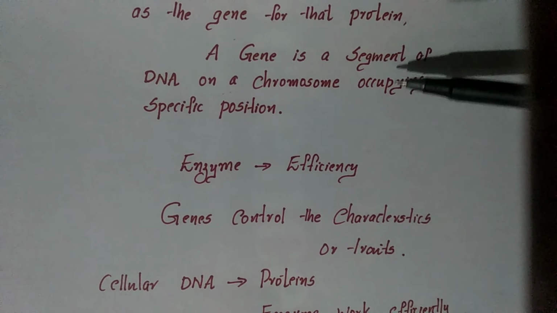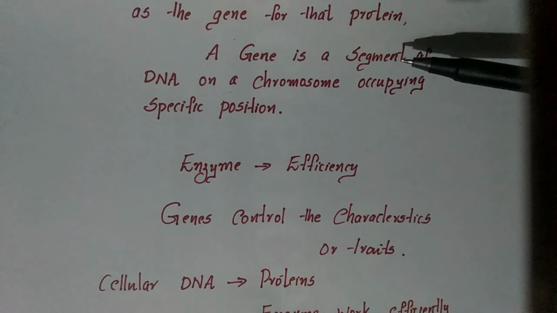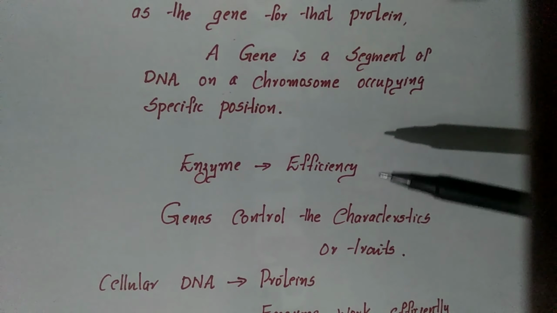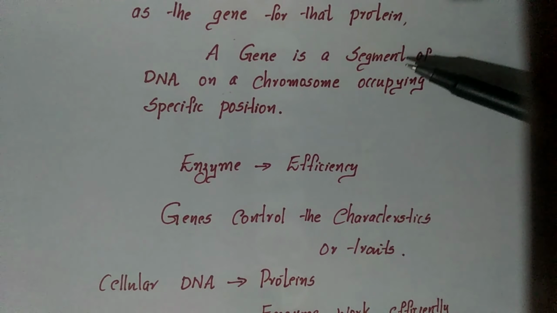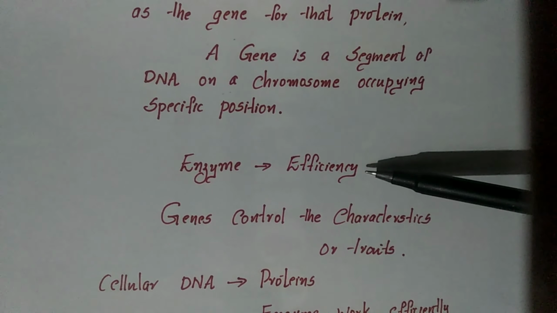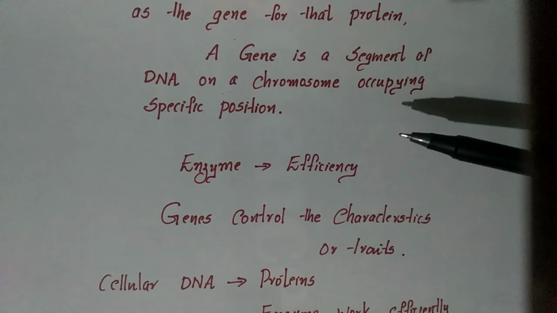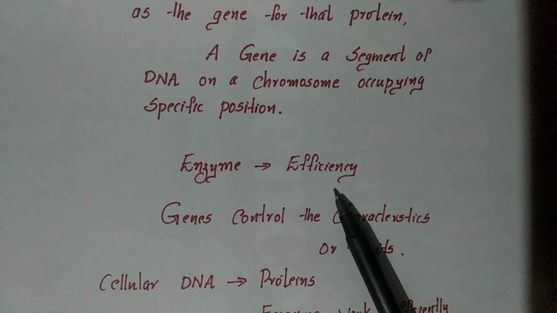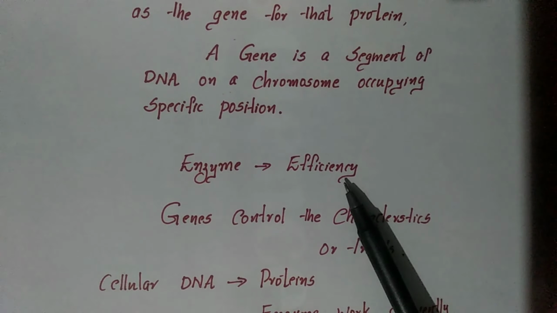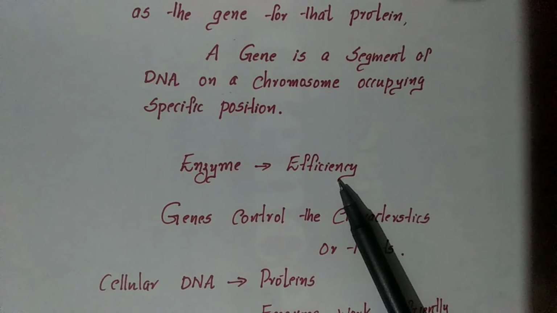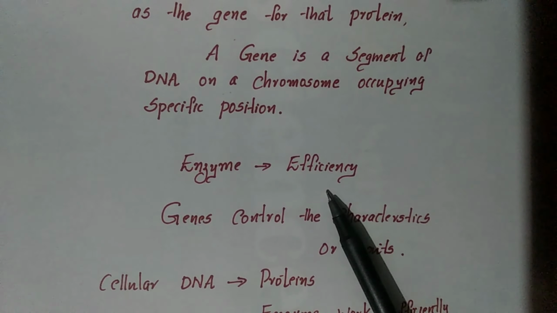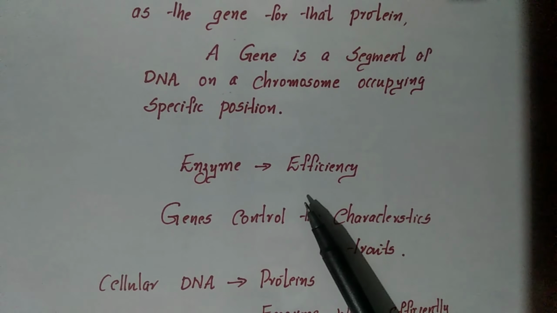So if these proteins are more active, what do you mean by this? That is, the enzyme meant for the enrichment of that particular protein is more active. This will enable a particular type of trait to be more active, and this efficiency makes some characters more active or more dominant, and the other character in which the protein efficiency is less will result in recessive character.